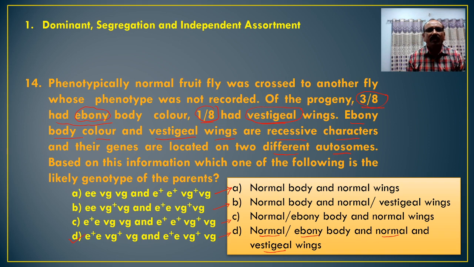Means the ebony and the vestigial are present in the offspring only in the D combination, and such production of the progeny is not by A, B or C. Hence the answer becomes D, that is E plus E, Vg plus Vg and E plus E, Vg plus Vg. Because of the independent assortment, there will be the formation of the progeny having the normal and ebony body as well as the normal and vestigial wings.